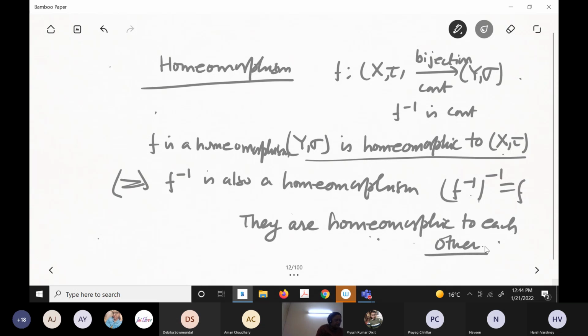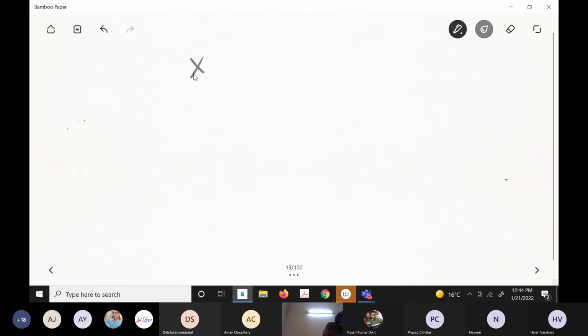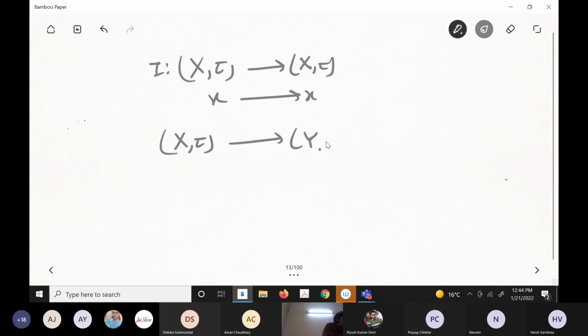Okay. First of all, look, X star is homeomorphic to itself. You take the identity map. This gives you a homeomorphism. Already we saw that if F is a homeomorphism between X and Y, then F inverse is a homeomorphism. Also, you see that suppose this is a homeomorphism, and this is a homeomorphism.